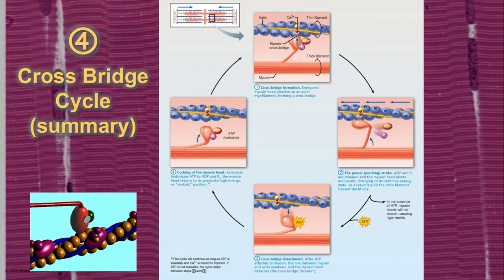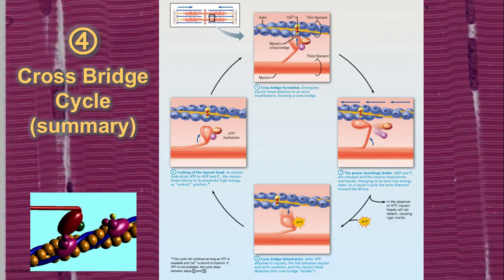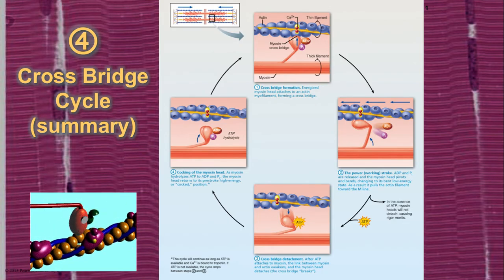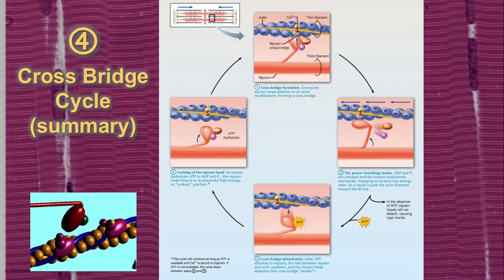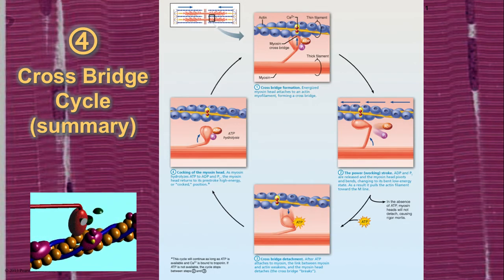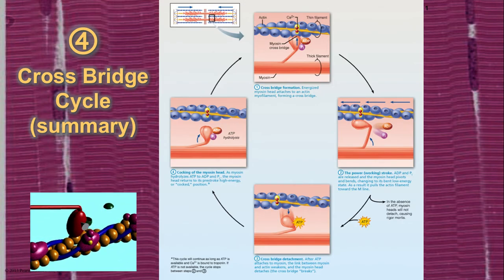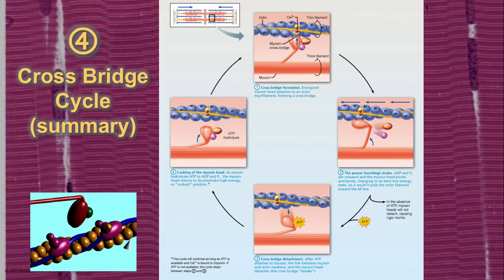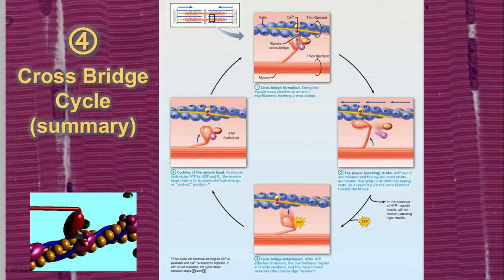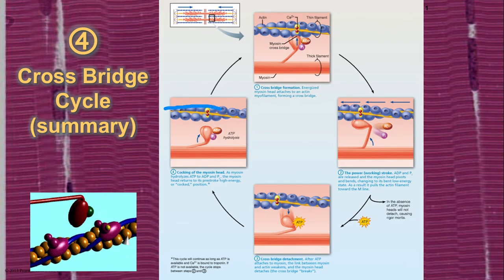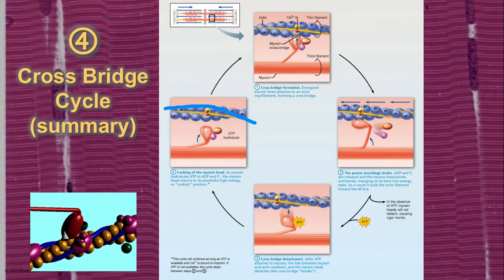Are you talking about this yellow string right here? Okay, so when calcium is not present, so the muscle has not gotten a signal to contract, this yellow piece is going to sit on the actin over top of these myosin binding sites on the actin.